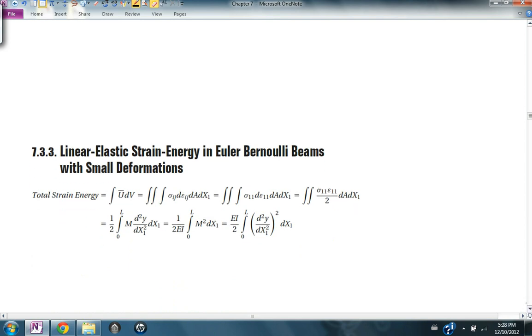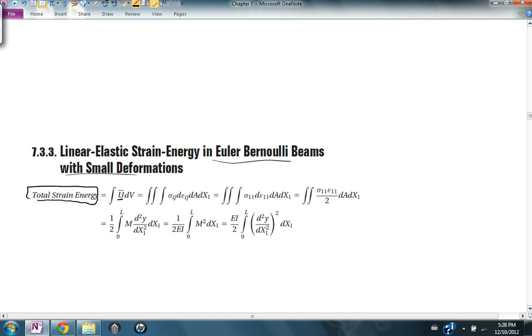For beams, we can look at the linear elastic strain energy in beams. We can write it in terms of the internal forces that we use for the beam. The total strain energy, as we showed in the previous example, is the integral of this energy integrated over the volume of the beam.